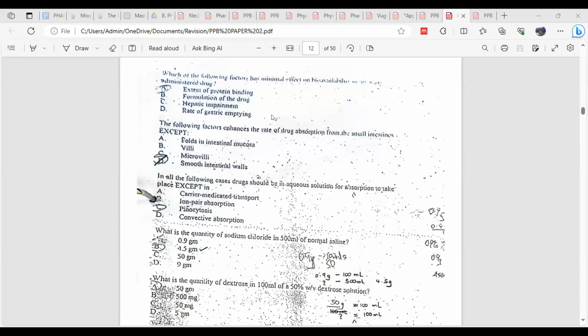Ion pair absorption of ionized drugs. Unajibu kwa chat. Ion pair. Ion pair.